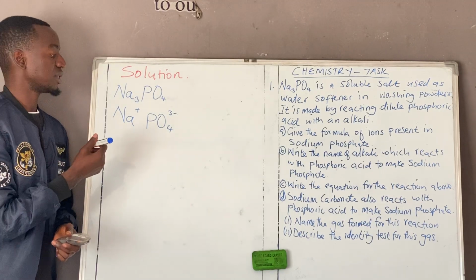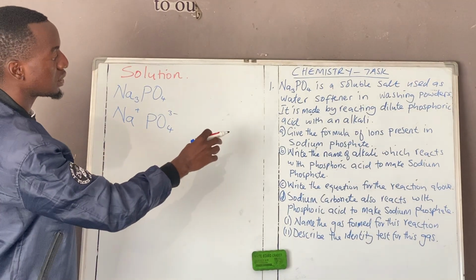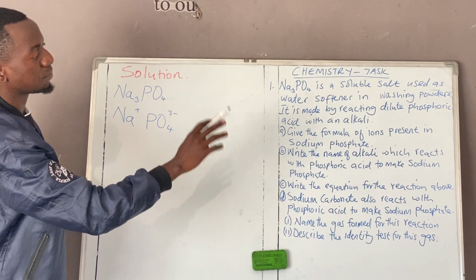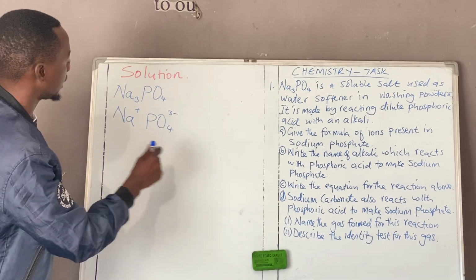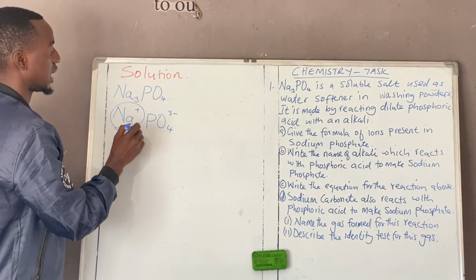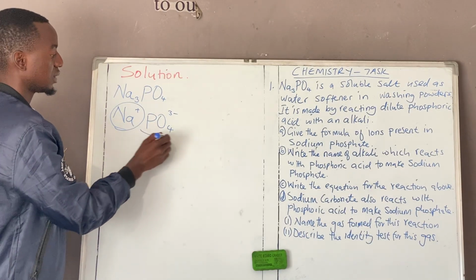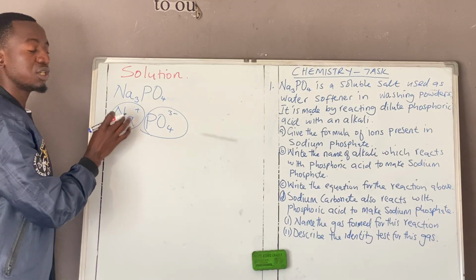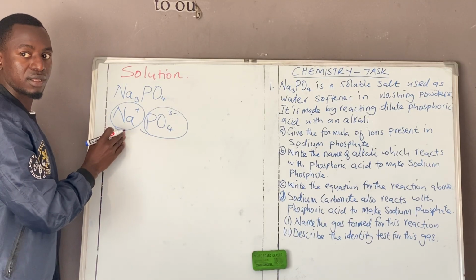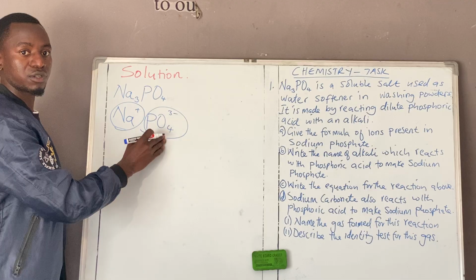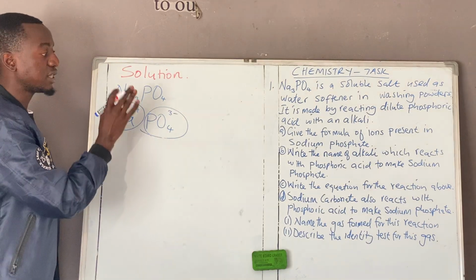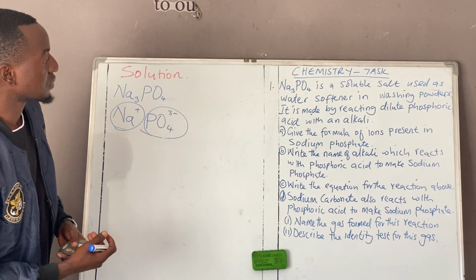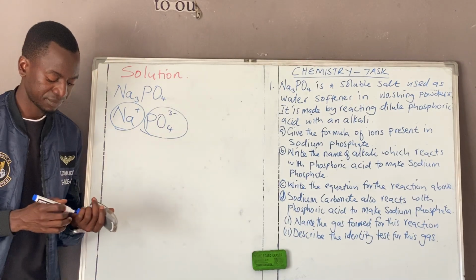So the formula for the ions present in sodium phosphate is sodium ion, as well as the phosphate ion. This one we call sodium ion, and this one reads as phosphate ion. These are the two ions that are present in sodium phosphate.